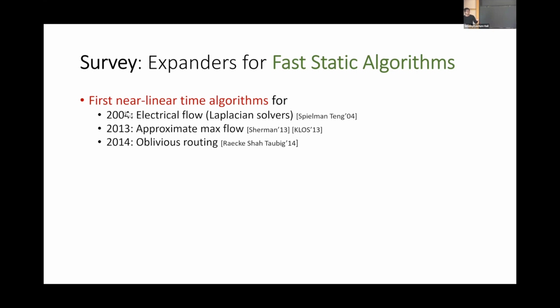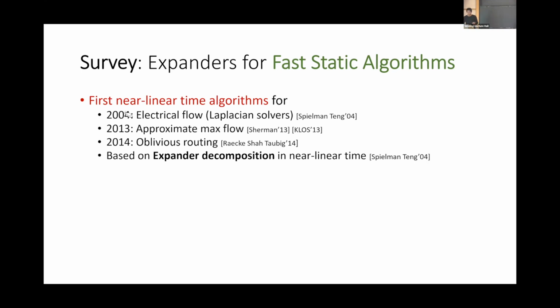It doesn't matter too much if you don't know the names of the problems. The point is that each of these problems is a core problem in the area, and they use something called expander decomposition to get the first nearly linear time algorithm.